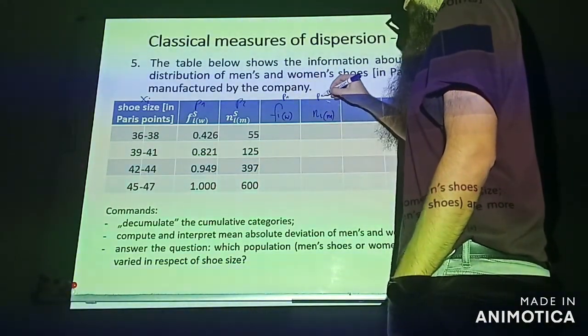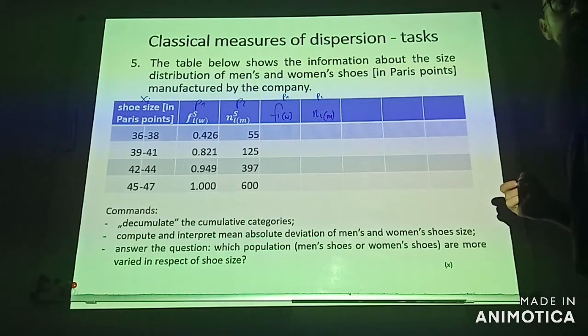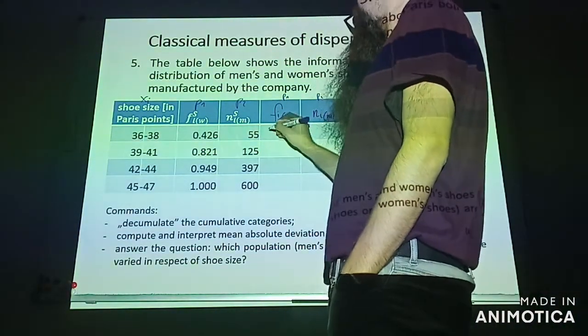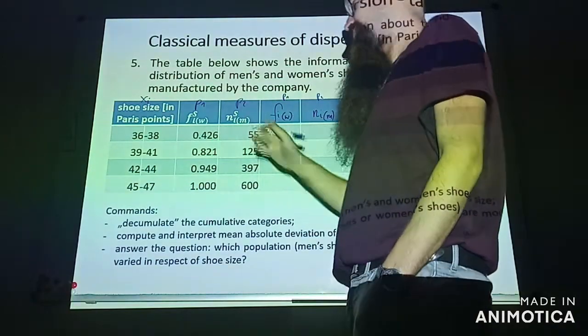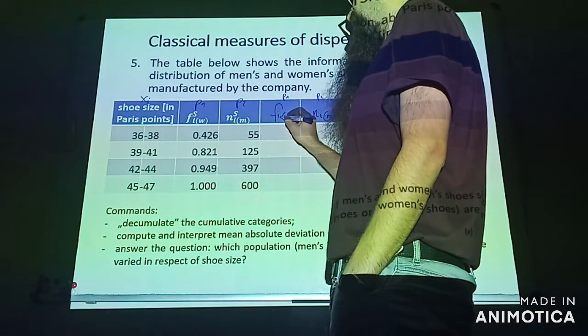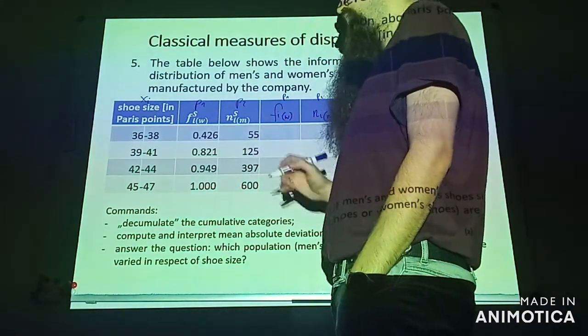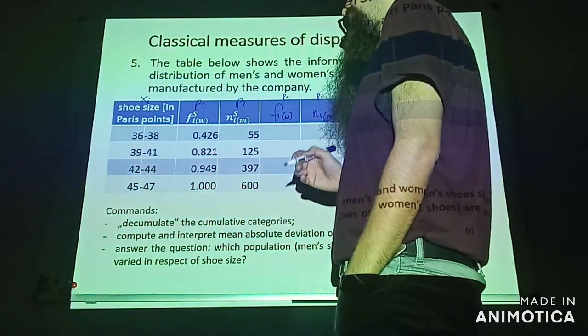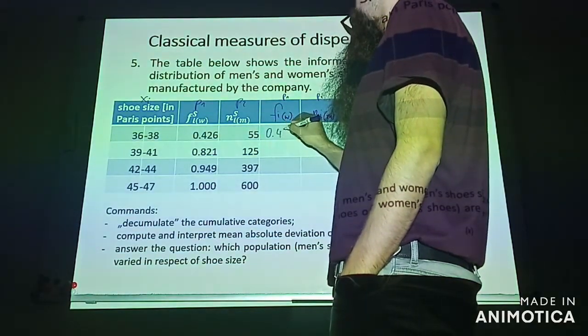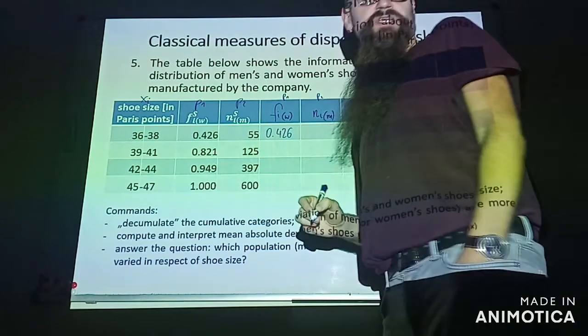Women's, men's shoes. Okay, so now I'm trying to decumulate the cumulative categories. First, relative frequency is equal to first cumulative relative frequency, 0.426. Yeah?